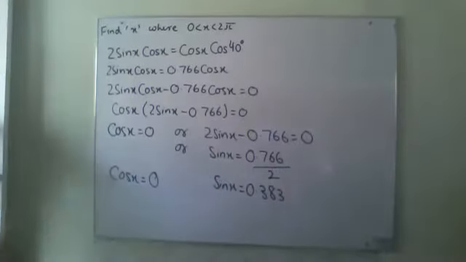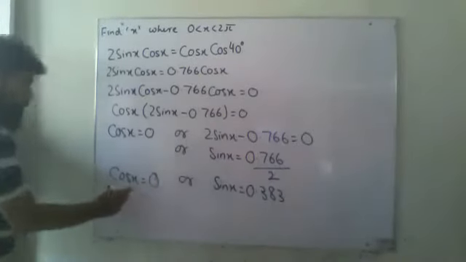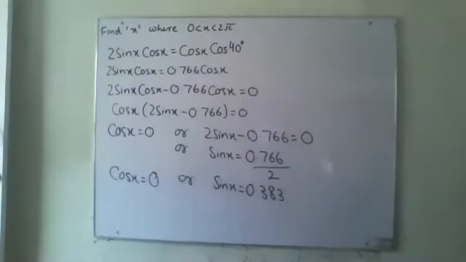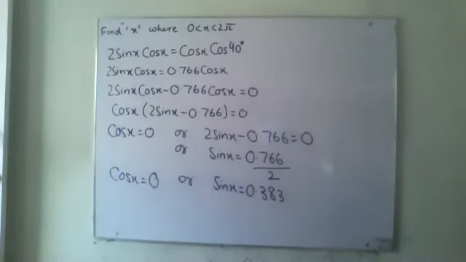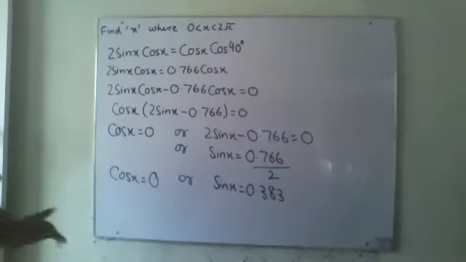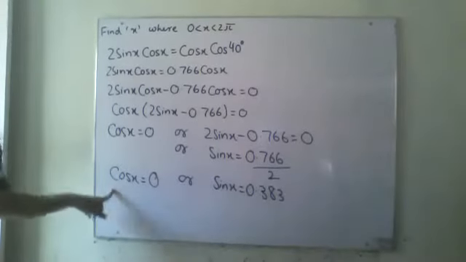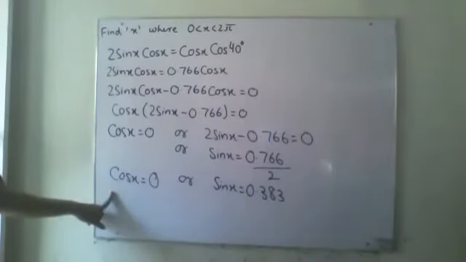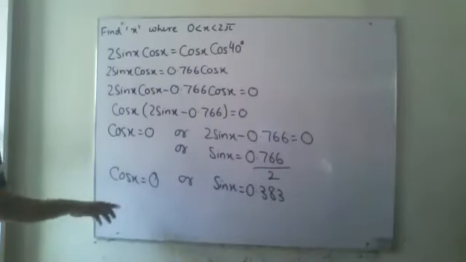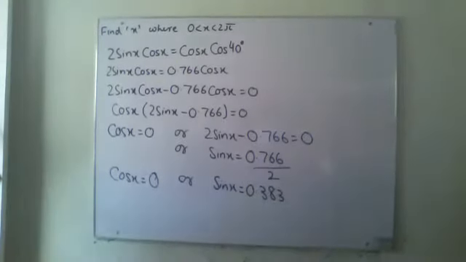First of all, I'm going to solve this one. According to my graph, which I remember, the value of cos is 0 at 90 degrees and at 270 degrees. These are the two values at which cos is 0.